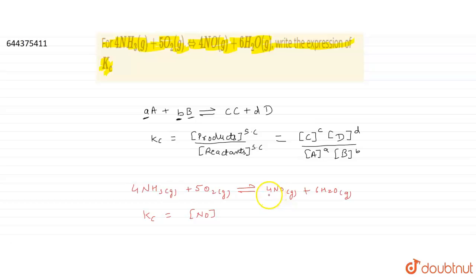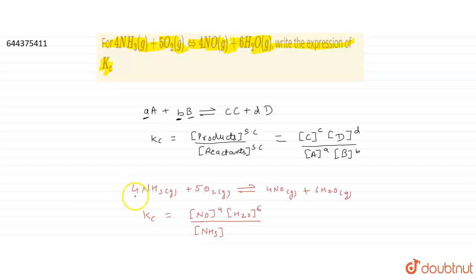What is the stoichiometric coefficient of NO? It is 4, into concentration of H2O to the power stoichiometric coefficient of H2O. And what is the stoichiometric coefficient of H2O? That is 6, divided by concentration of reactants to the power stoichiometric coefficient. And what are reactants in this? We have NH3 and O2 as reactants, so it will be concentration of NH3 to the power stoichiometric coefficient of NH3.